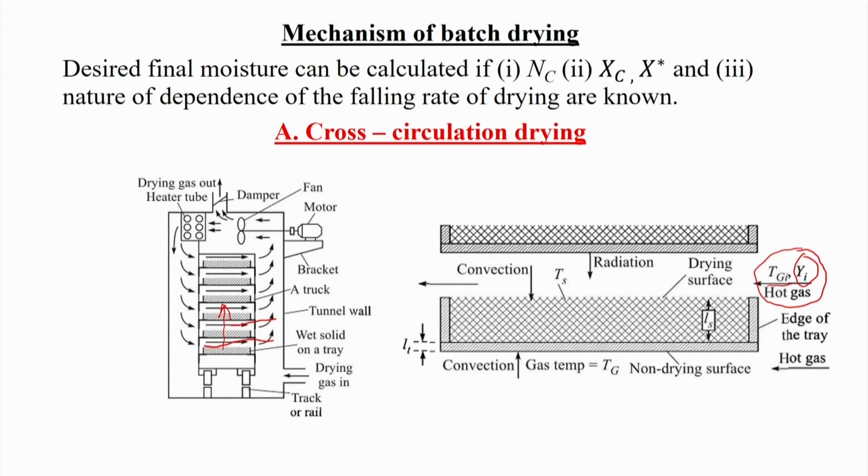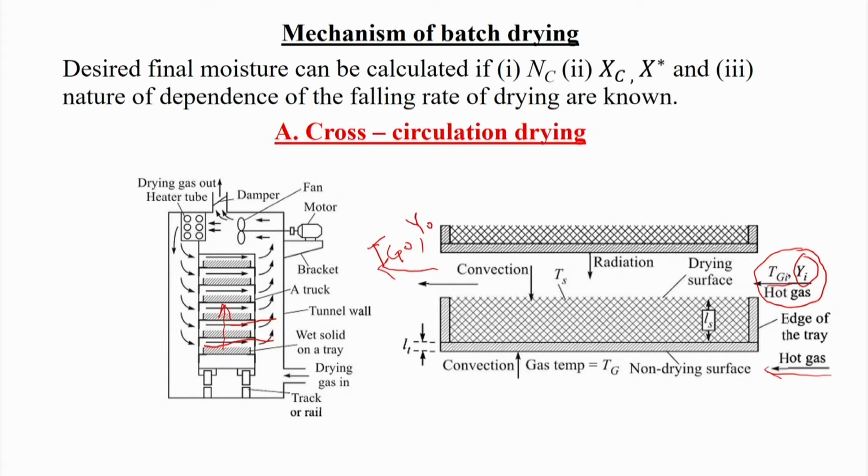The same hot gas will be entering all the trays, and when it comes out, the temperature of the gas will be T g out and the humidity will be Y out. It is definite that the humidity of the gas exiting the tray will be higher.